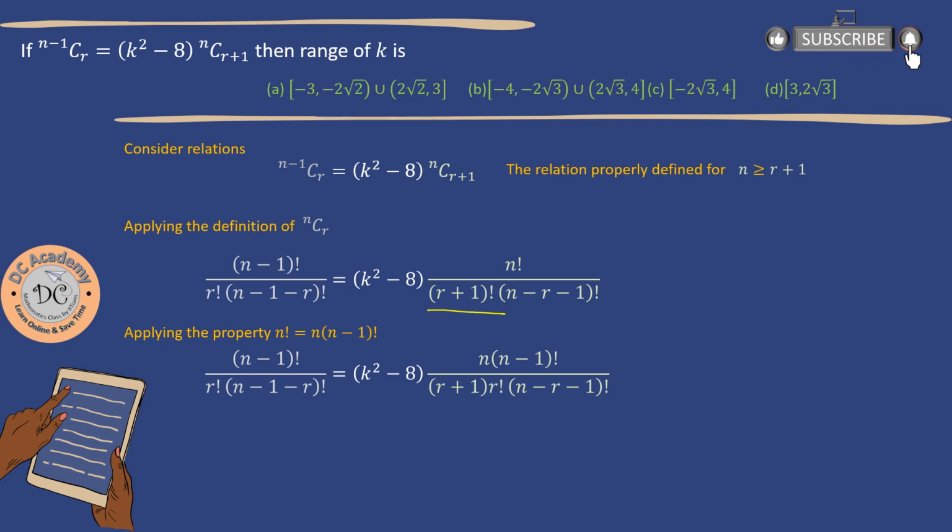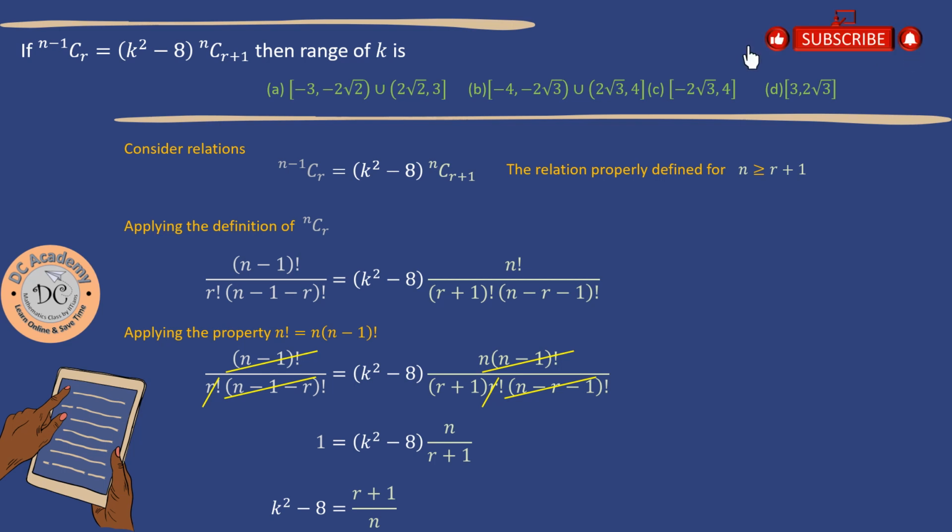Factorial r plus 1 is written as r plus 1 into factorial r, and factorial n is written as n into factorial n minus 1. Then n minus 1 factorial cancels from both sides, n minus 1 minus r factorial is also cancelled, and r factorial is also cancelled. By simplification we find 1 is equal to k square minus 8 times n by r plus 1.